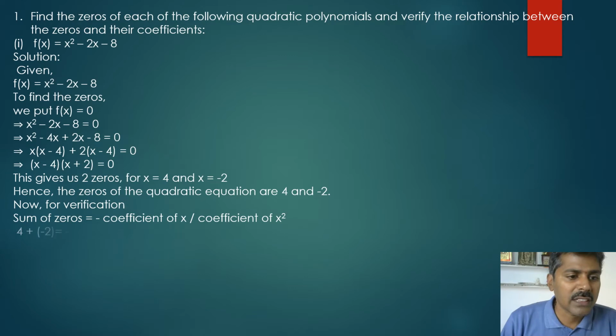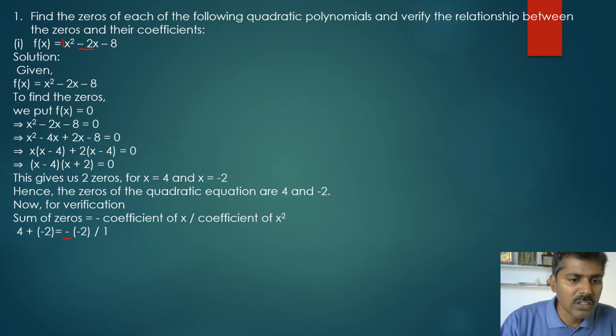So for the sum of the zeros, on the left hand side we take 4 plus minus 2. On the right side, minus coefficient of x: one minus is already there, and the coefficient of x is minus 2, so I take minus 2 here. By the coefficient of x square, nothing is written, which means it is 1, so I take 1 here.